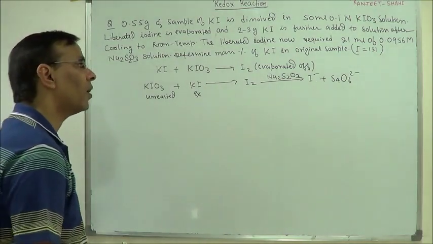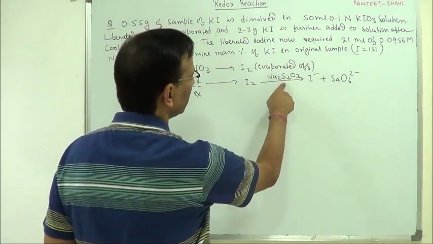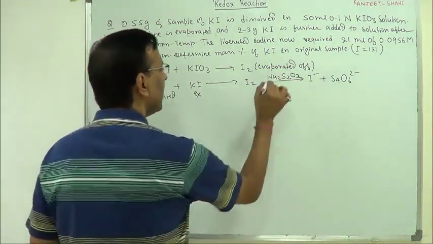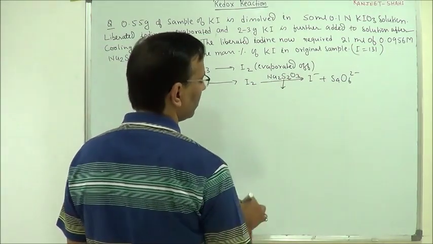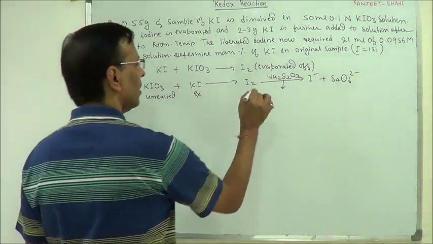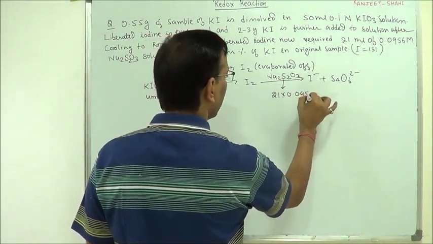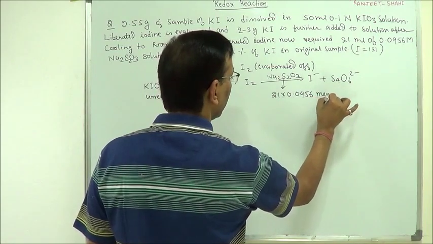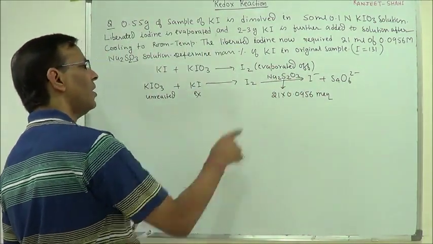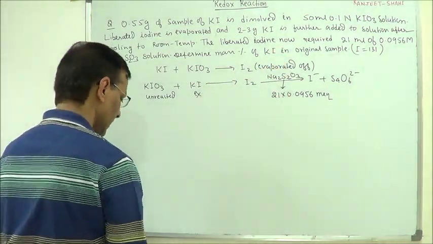So milliequivalent of sodium thiosulfate required in the last step will be equal to milliequivalent of iodine produced, and milliequivalent of sodium thiosulfate required in the last step is 21 into 0.0956. Milliequivalent for sodium thiosulfate, n factor is 1. So molarity 0.0956 will also be normality.